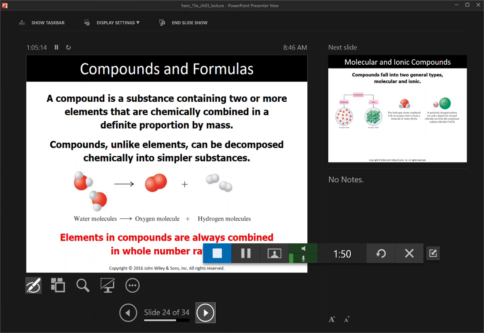For example, in the decomposition of two water molecules, you need one oxygen molecule and two hydrogen molecules. You cannot have 1.5 oxygen, or 3/2 hydrogen. These elements have to combine in a whole ratio to make different compounds.